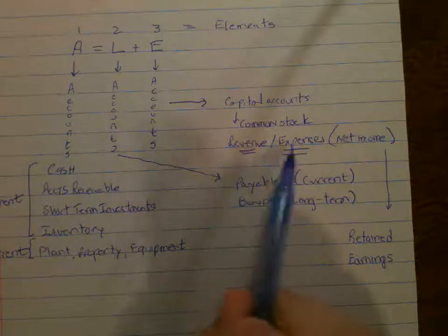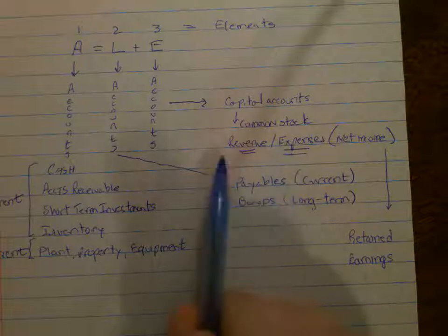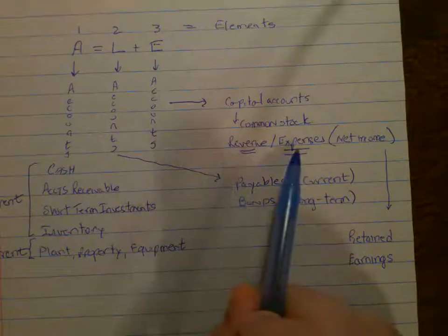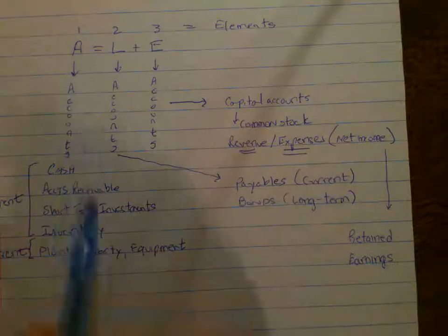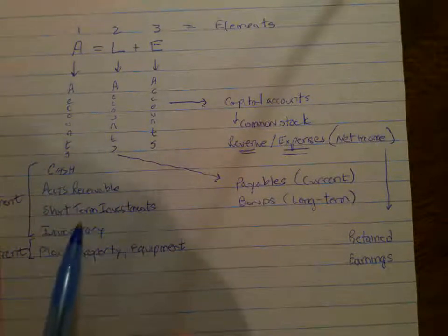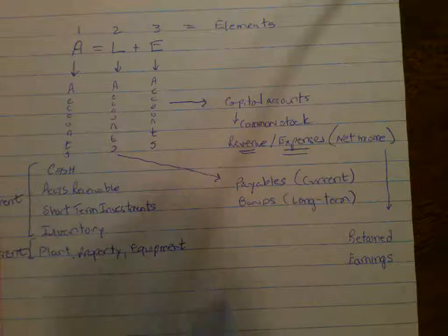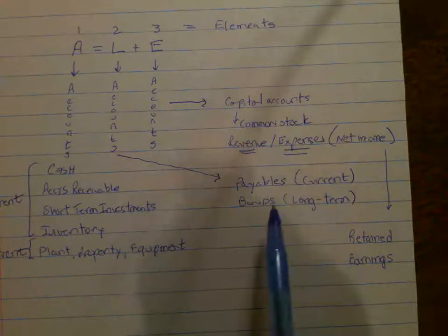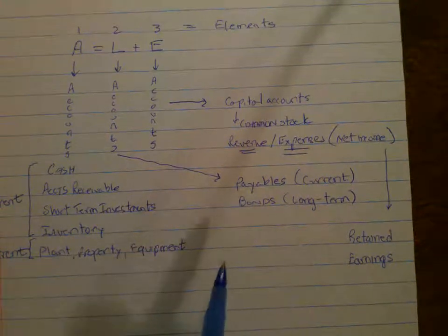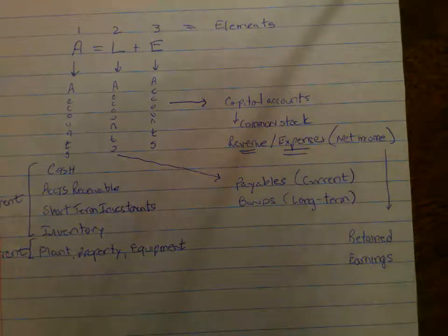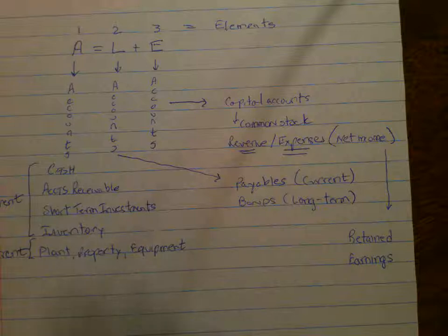That means they recycle every financial period, or every fiscal period. The balance sheet accounts, cash, accounts receivable, inventory, plant, property, and equipment, common stock, payables, bonds, do not recycle every year. They continue with the business, so they don't ever zero out.